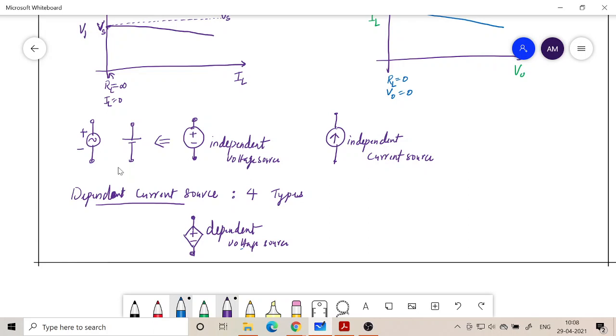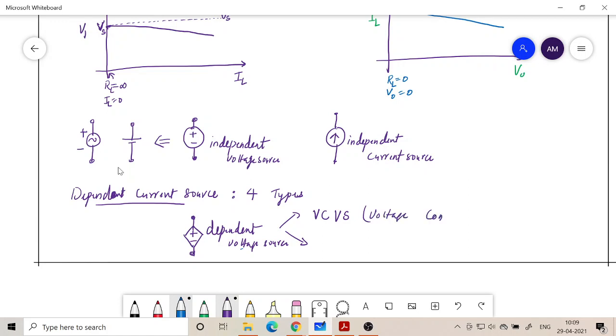So again there are 2 things here. This is a dependent voltage source, but the quantity upon which this voltage depends could be a different voltage somewhere in the circuit. Then we will have a voltage controlled voltage source, VCVS.